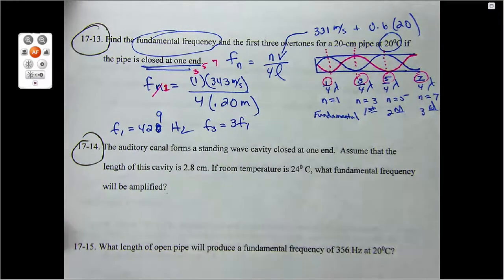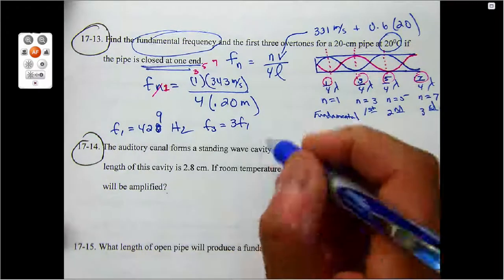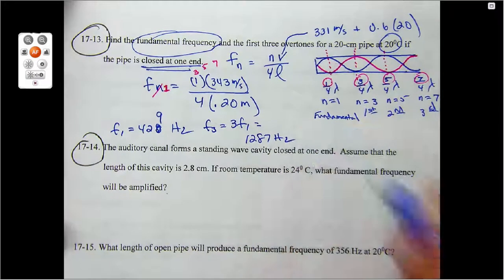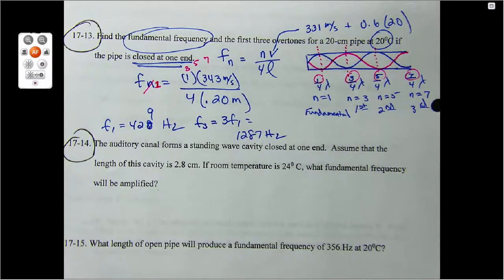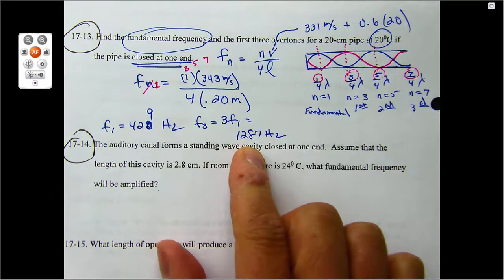If I just put a 3 in there, 3 times that is going to be 1287. And then you could put a 5 in there and a 7 in there. But again, in our experiment, we'd have to change tuning forks. We'd have to go from 429 to 1287 and so on.